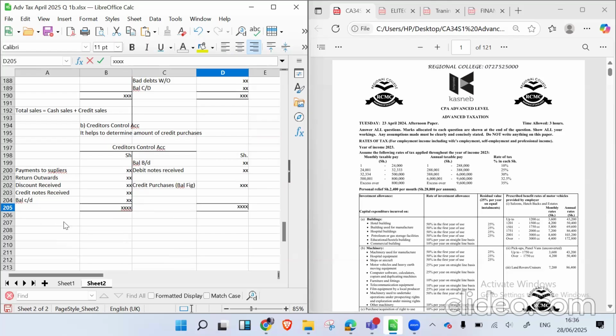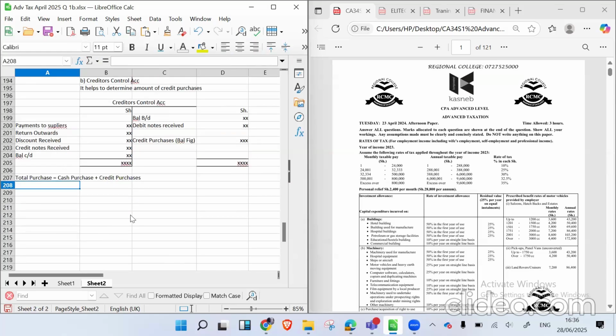And of course, our total purchases, just as the total sales, becomes cash purchases plus credit purchases.